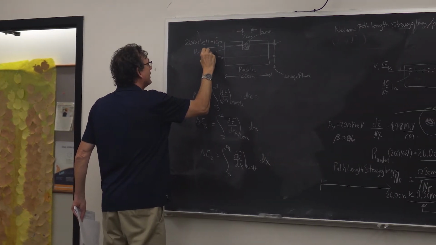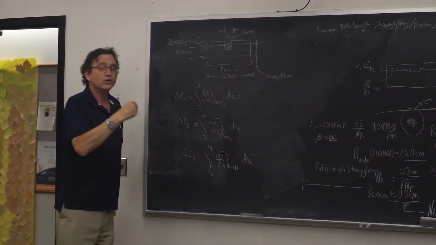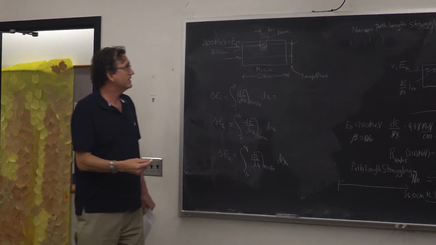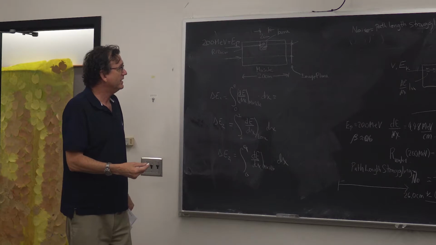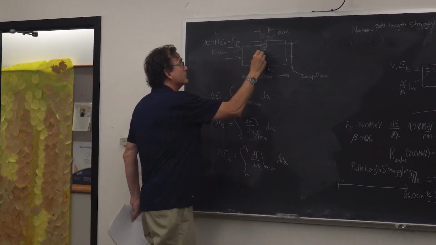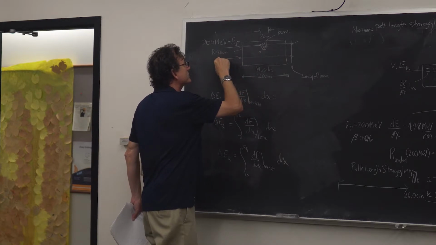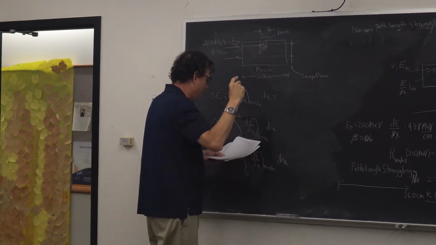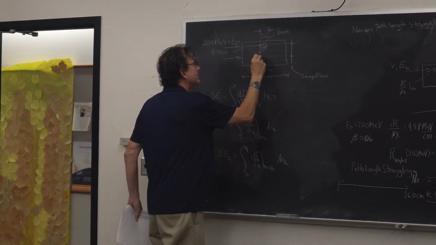If it goes through 9 cm of water, then the residual range at this point is going to be 26 minus 9, which is 17.